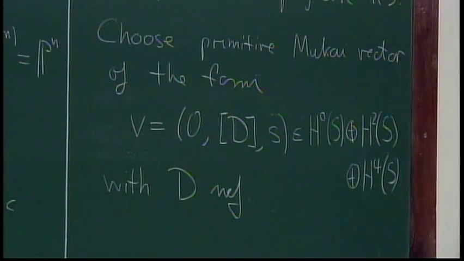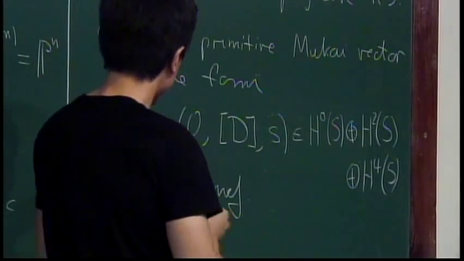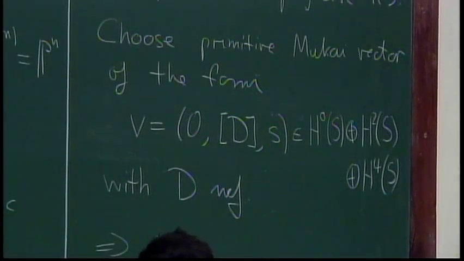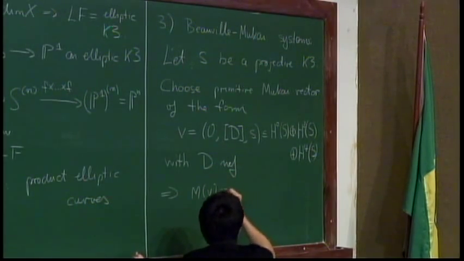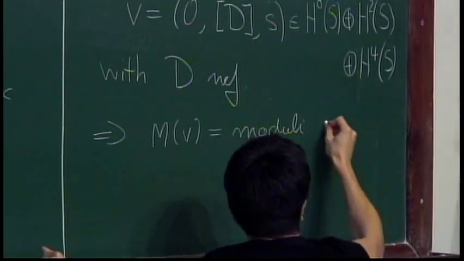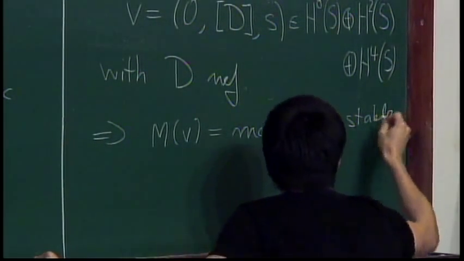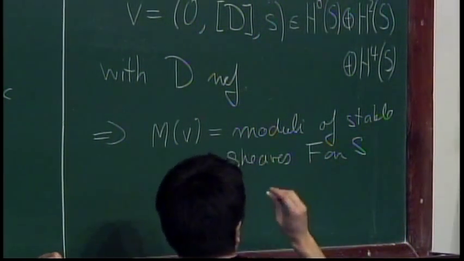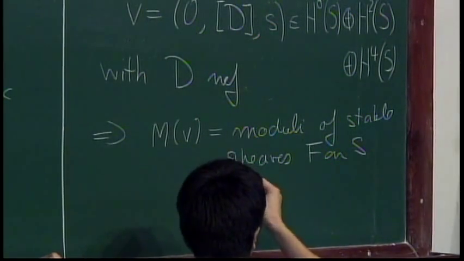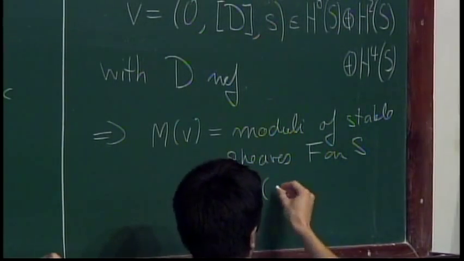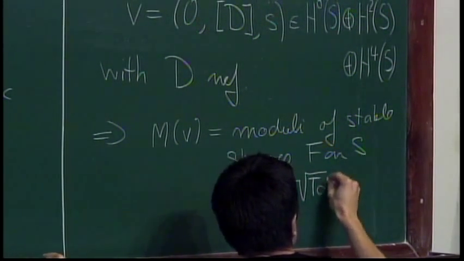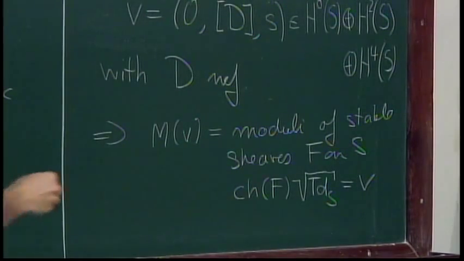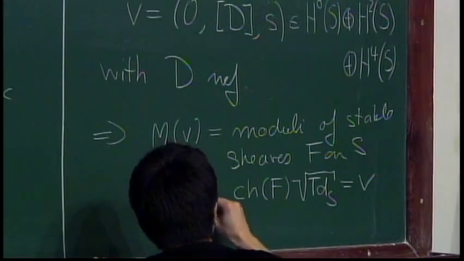So then general results of many authors, in particular Mukai and Yoshioka, imply that the moduli space of stable sheaves F on the K3 surface S, such that the associated Mukai vector of the sheaf, which is just the total Chern class of F times the Todd class of the K3, is given by this Mukai vector we have chosen, is an irreducible holomorphic symplectic manifold.